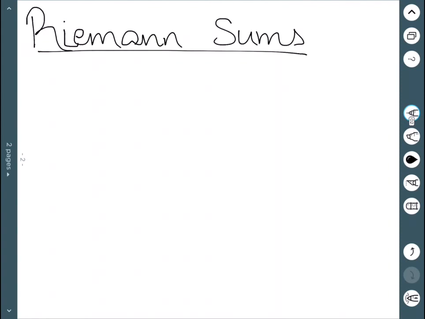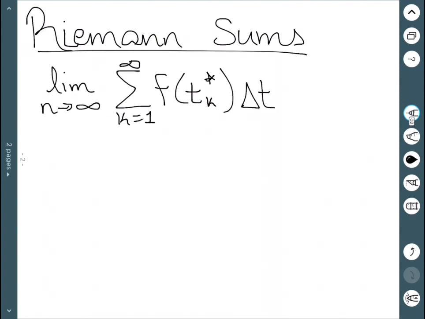This idea is called a Riemann sum. The idea is we want infinitely many rectangles, so we're going to take the limit as n goes to infinity, and then add up the area of each individual rectangle. This f of t sub k star is the height of the rectangle, and delta t is the length of the rectangle.